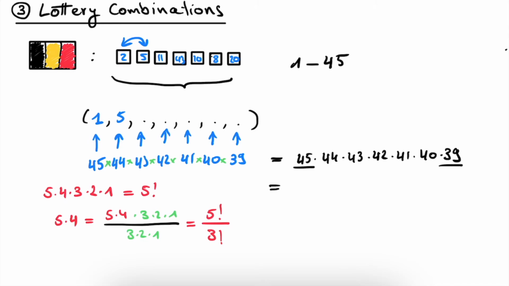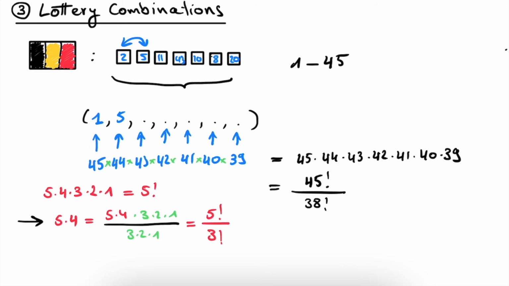This is not 45 factorial because we are missing times 38 times 37 all the way down to 1. However, this is a prime example of this case right here. So we have that this is 45 factorial, but now we have way too many terms. So we divide these extra terms away because we divide by 38 factorial.